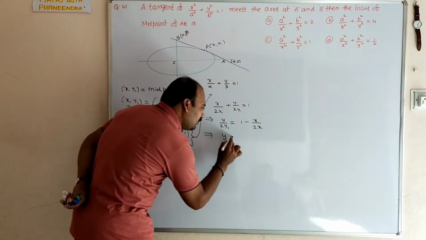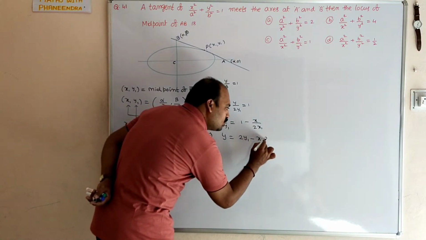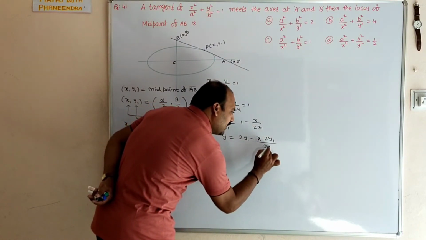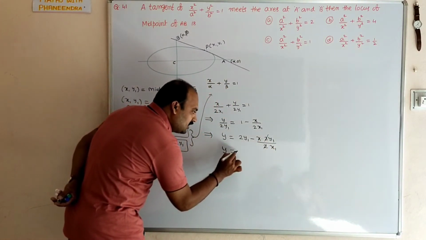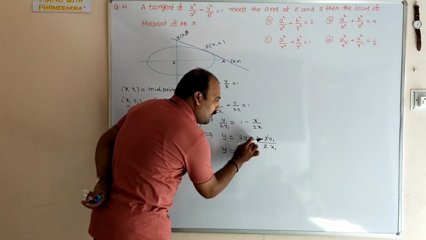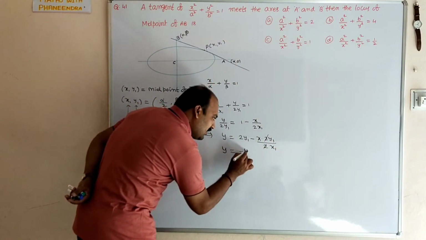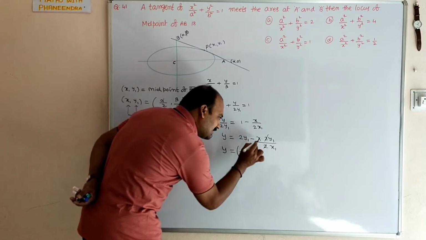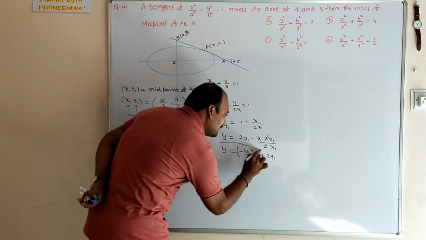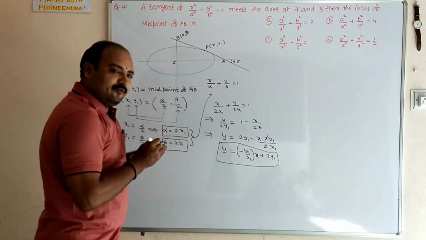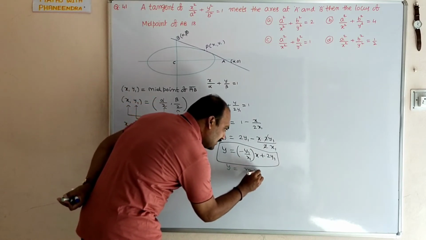So y is equal to 2y1 minus x into 2y1 divided by 2x1. Here 2 gets cancelled. After that, I am writing this equation in the form y is equal to minus x into y1 by x1, so minus y1 by x1 into x, plus 2y1. This equation you have to compare with y is equal to mx plus c.